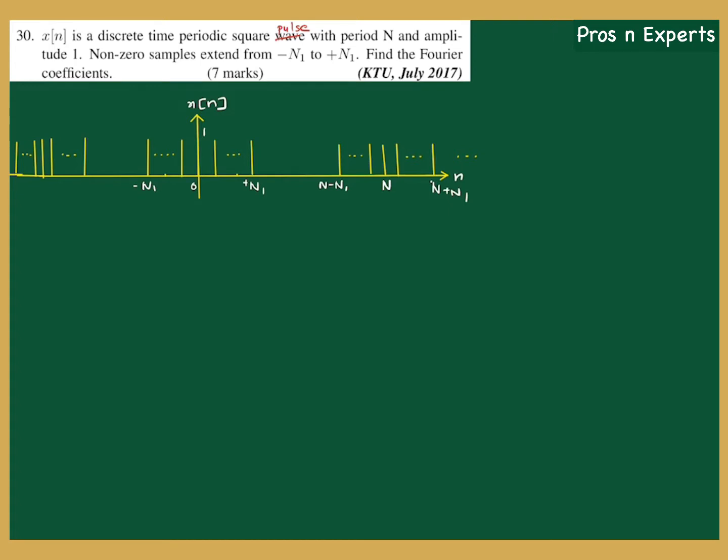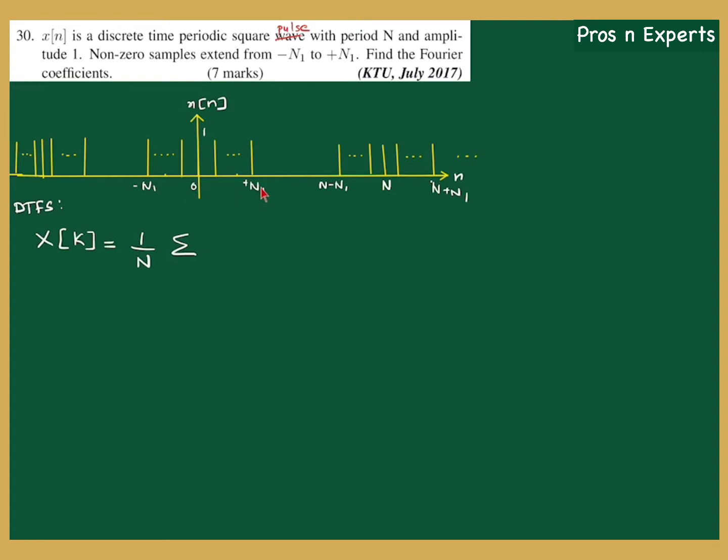We have to find the discrete time Fourier series, and we all know the DTFS is given by x of k equal to 1 by time period of the signal, and sigma over 1 time period. But here the non-zero samples are only extending from minus N1 to plus N1 within 1 time period.